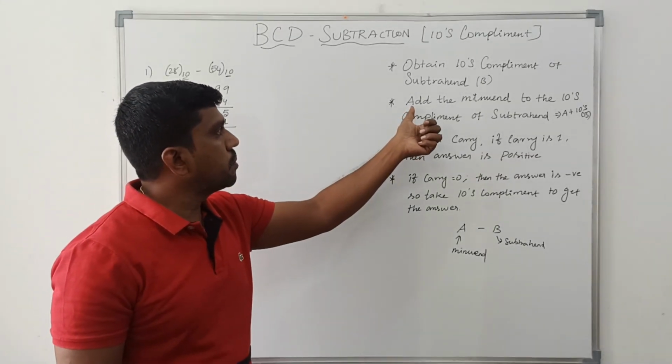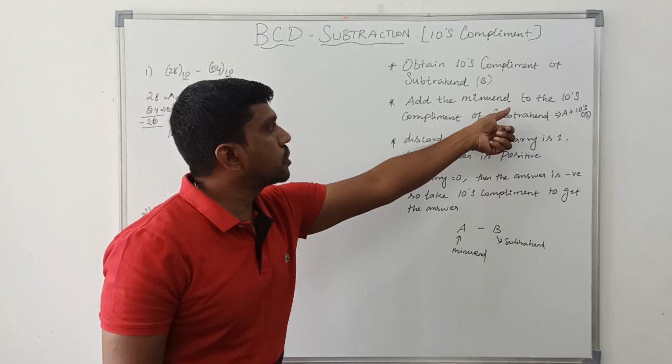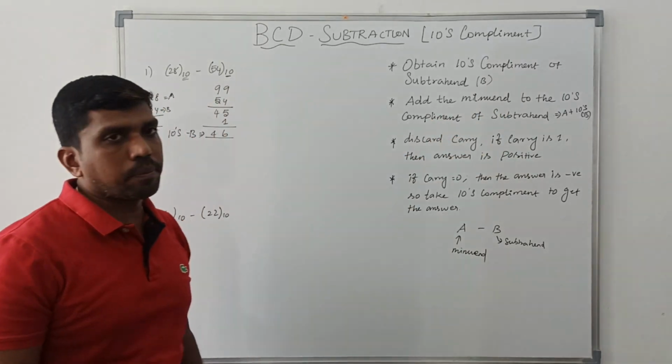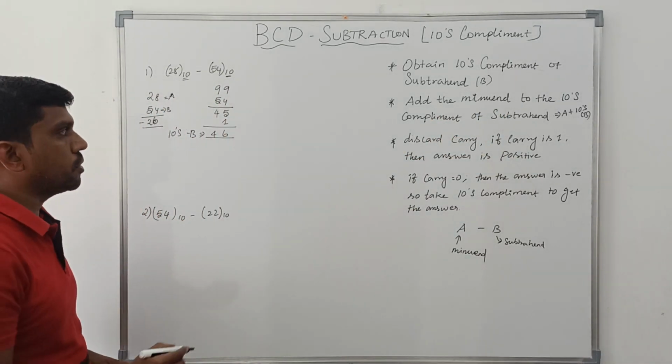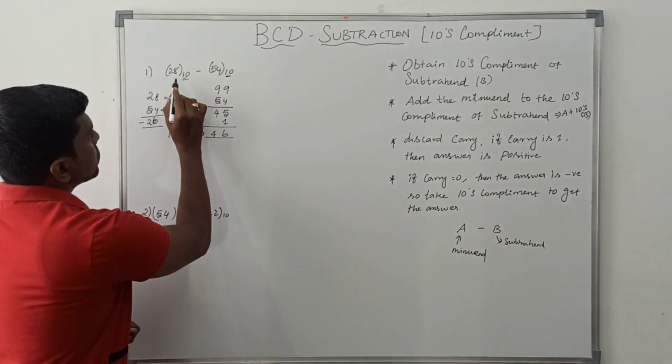Then come to the second step, add the minuend to the tens complement of the subtrahend. So A plus tens complement of B. A value is 28.